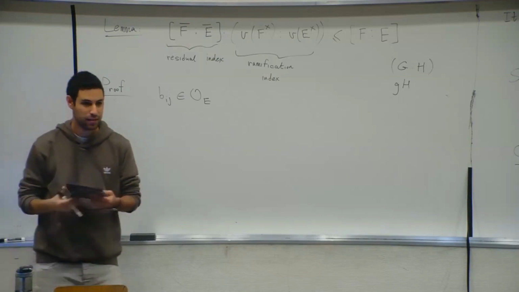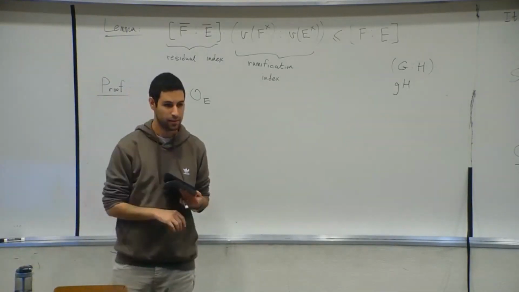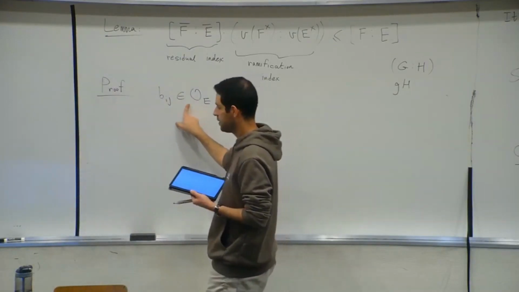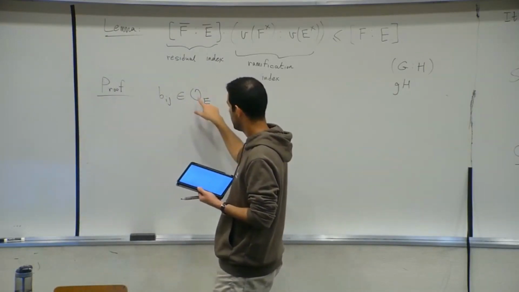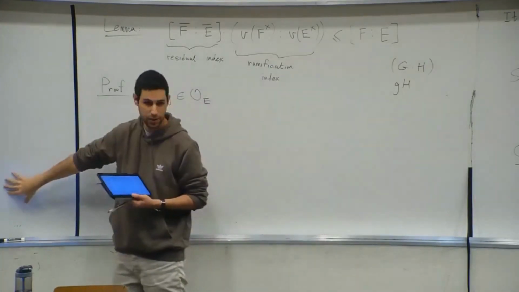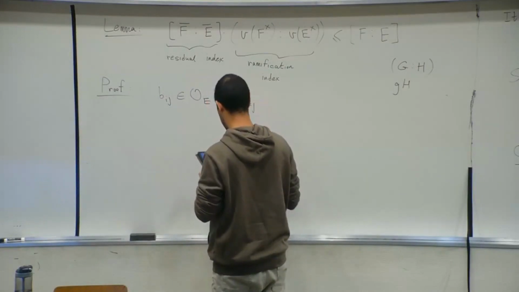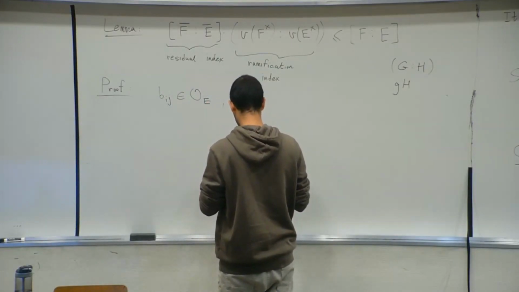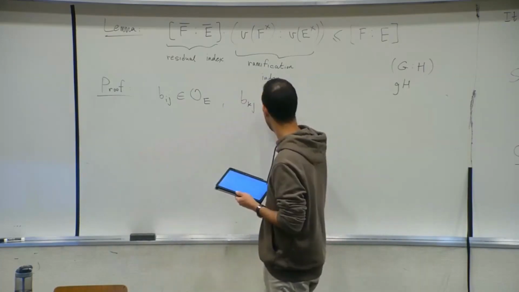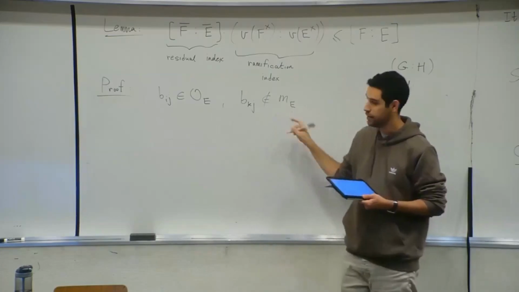So bij belongs to the valuation ring OE because it's in E and its valuation is non-negative. And bkj is 1, so it's not in ME, the proper ideal.